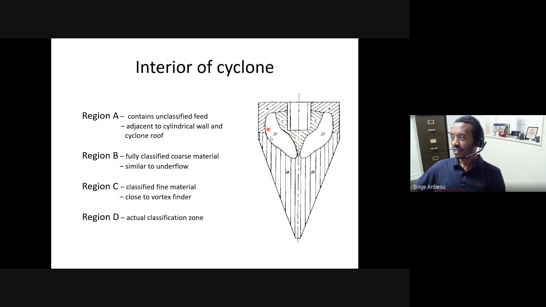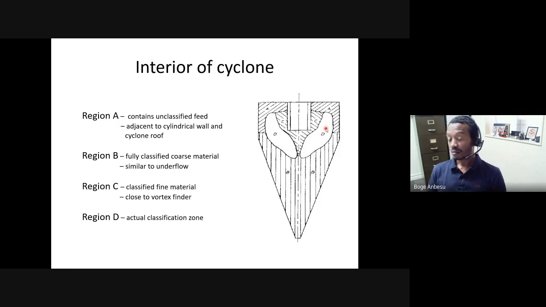It is actually in this region D that you have classification happening, where particles have been introduced. Particles that are coarse will be dragged to the wall. The fine ones will be dragged to the center. So that's where true classification actually happens. This is basically what happens.